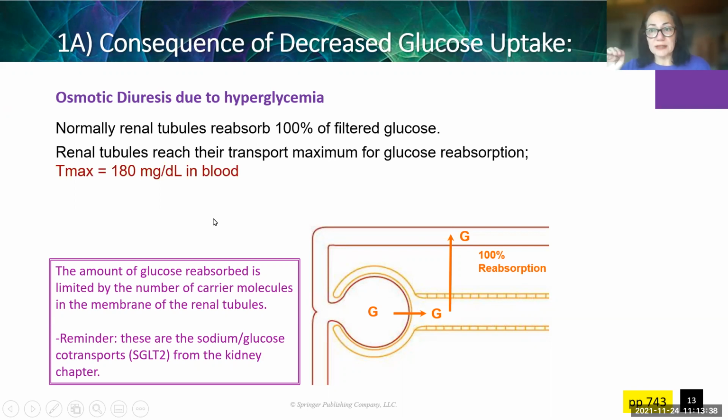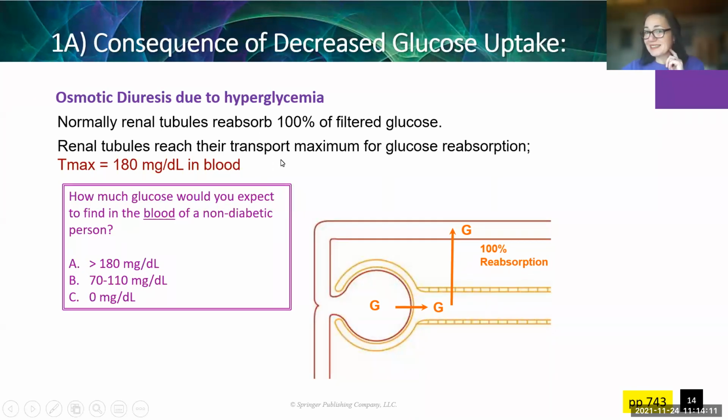There is an upper limit to how much can get reabsorbed, and that limit is well above normal. It maxes out at 180 milligrams per deciliter, with 110 being the upper limit of normal. So when somebody has glucose showing up in their urine, it's because their blood glucose is well out of the normal range.